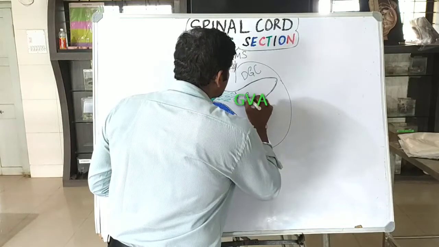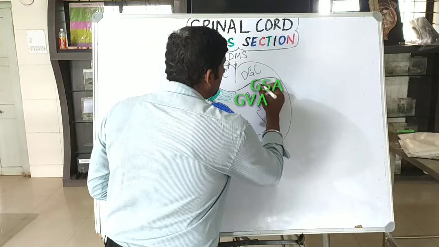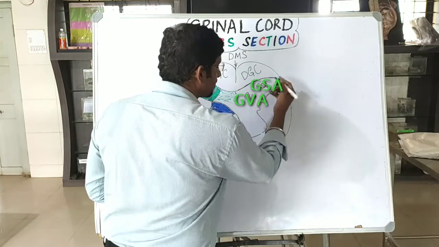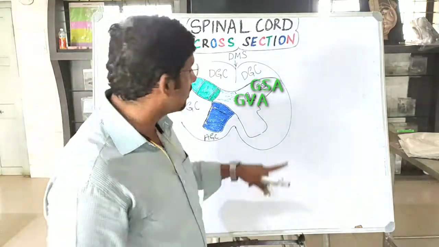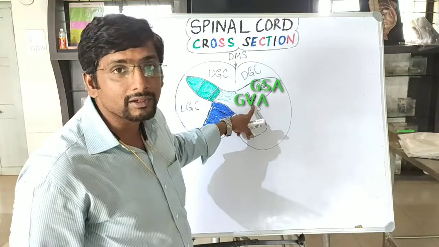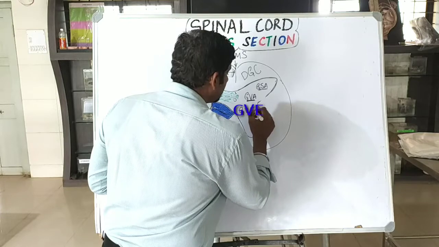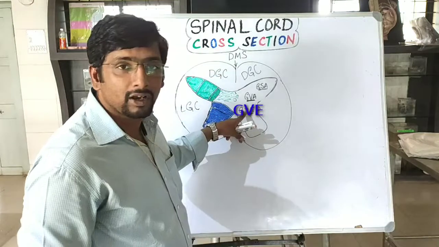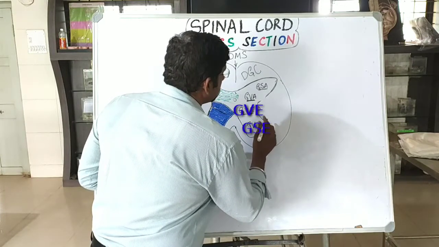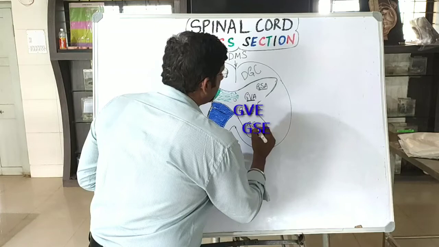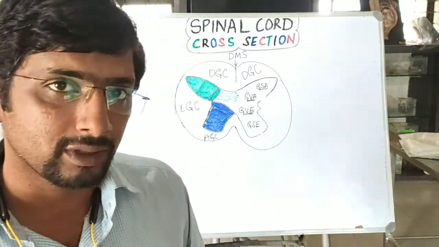This is the area of general visceral afferents and this is the area of general somatic afferents, the sensations from the soma and general sensations from the visceral organs that are received. In the same way, the general visceral efferent part will be towards the base of the anterior horn and the general somatic efferent part will be in the head part of the anterior gray column.